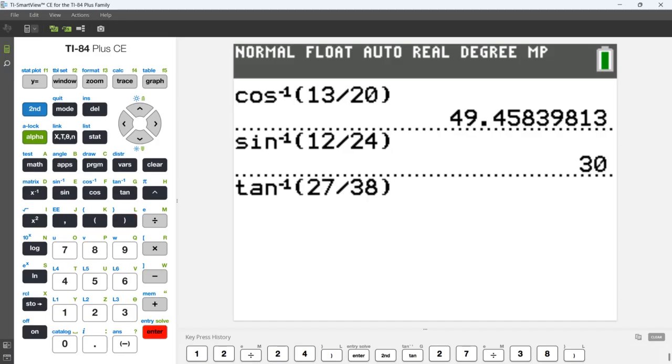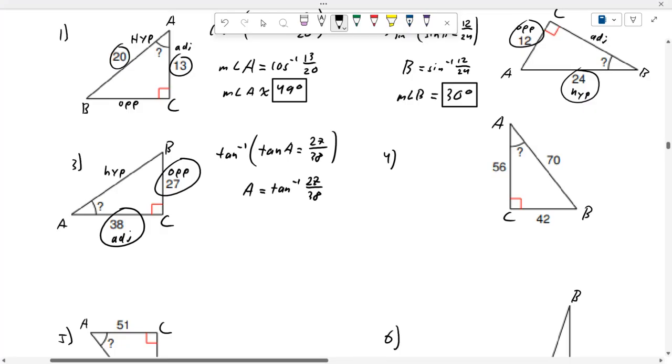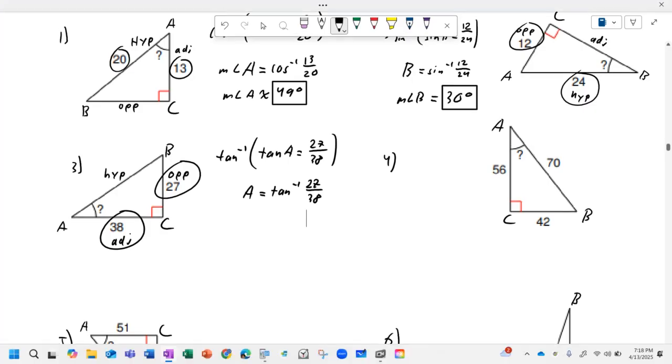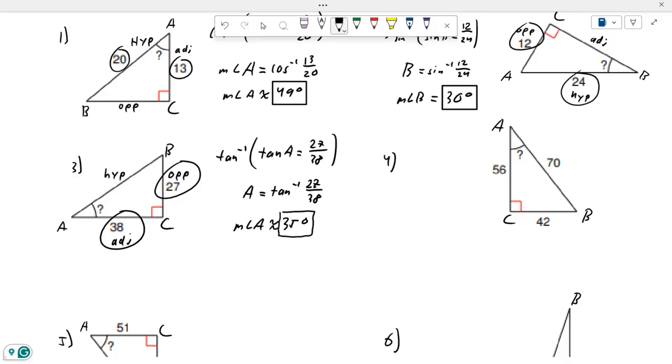That fraction does not reduce. And rounding to the nearest degree, I end up getting 35. So the measure of angle A is approximately 35 degrees. And that's number 3.